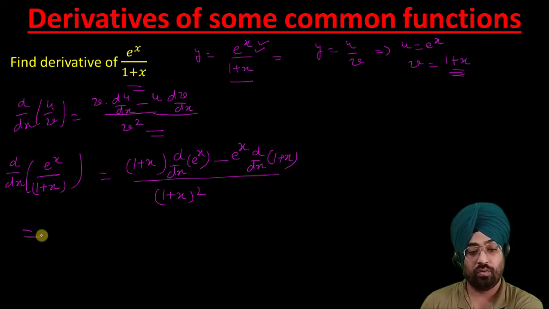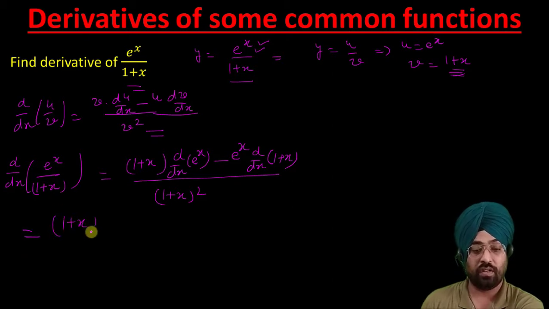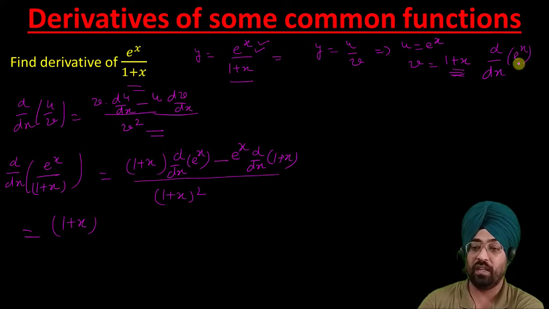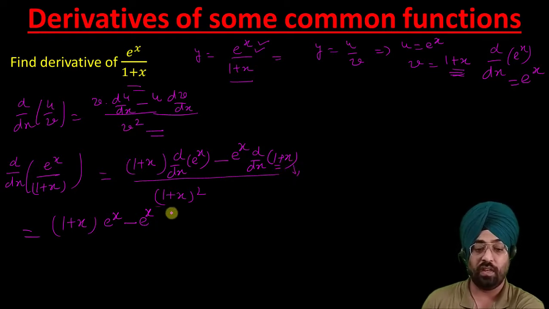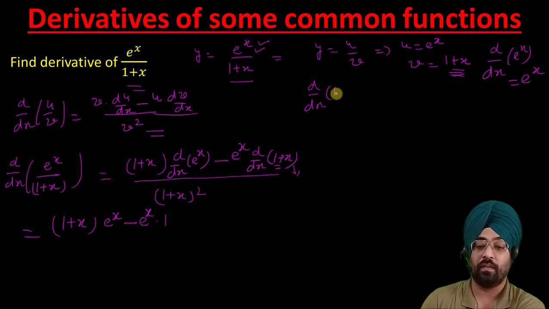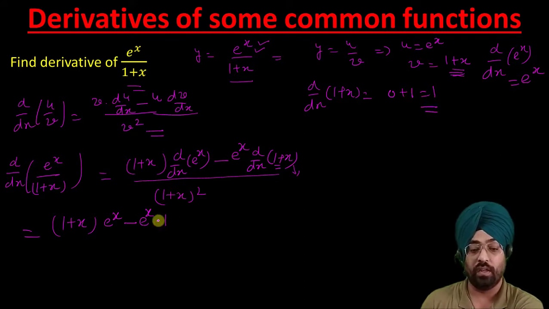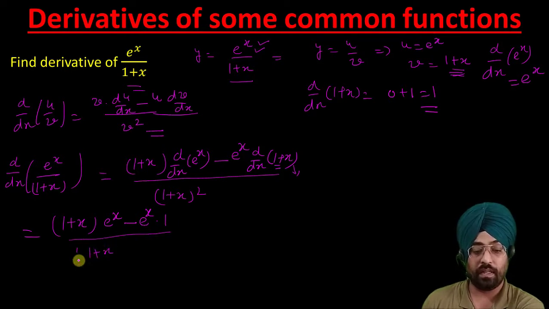The derivative of e raised to the power x we have already done, it is e raised to the power x. So 1 plus x into e raised to the power x, minus e raised to the power x into the derivative of 1 plus x. The derivative of 1 is 0, derivative of x is 1, so it is 0 plus 1 equal to 1. So e to the x into 1, divided by 1 plus x whole square.